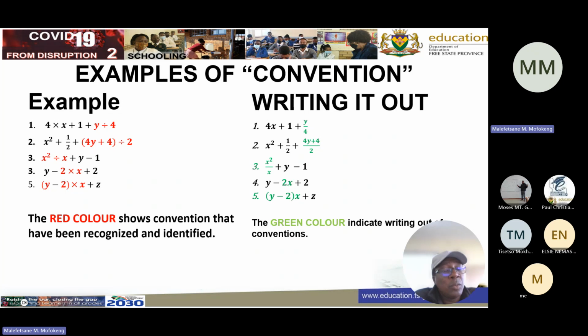Example number 2: x squared plus half plus into 4y plus 4 all divided by 2. That is the convention that I have identified in this example.